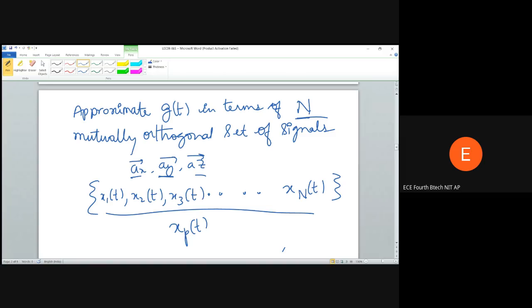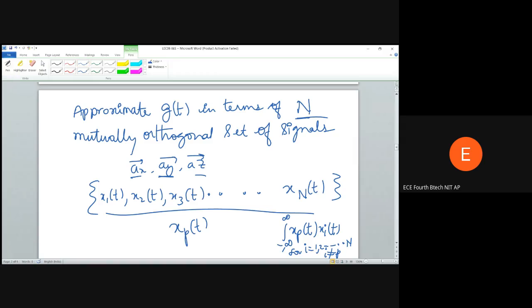That means you can check it: integral from minus infinity to infinity of xp of t multiplied with xi of t, for i equal to 1, 2, and so on up to n, where i should not be equal to p.